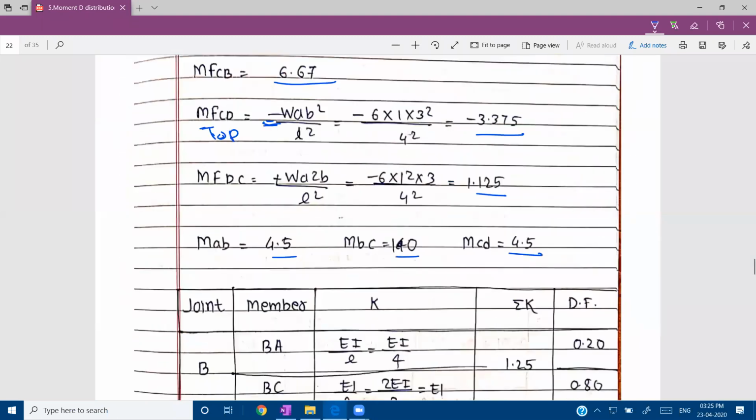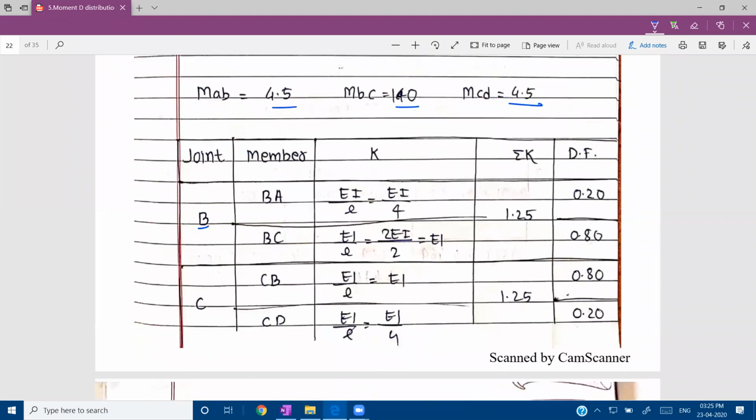So that's why here BA and BC are taken with K as EI by L. Here far support is C, here far support is A. Far support A is of fixed type, therefore EI by L, and in case of BC, far support is a continuous joint. That's why again K is EI by L.